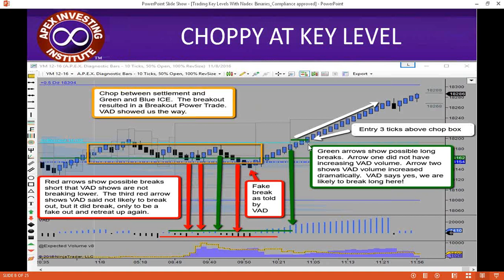Something you'll find a lot that happens is as the market's breaking out of the box, right? Like see, basically this level, let's just call it settlement, this level right here. That's kind of the break of the box. See, as it got up there and as it's trying to break, you've got some people trying to say no, no, and pull you back down. See that wick? But it's like, nope, we've got volume, we're going. And it breaks out of the box.